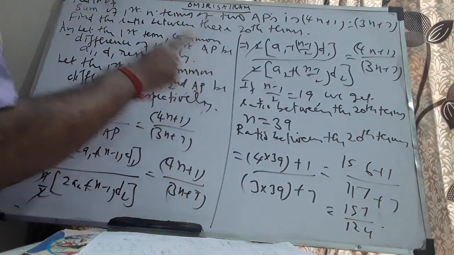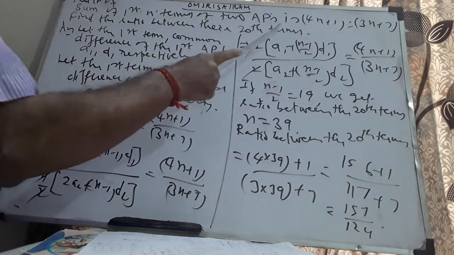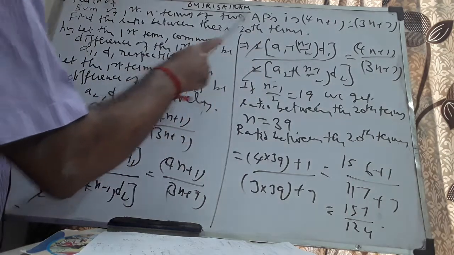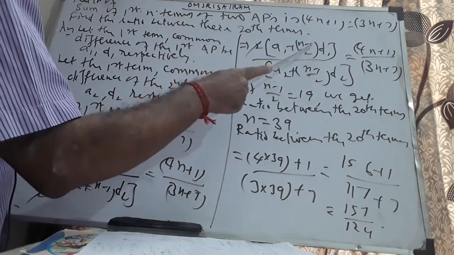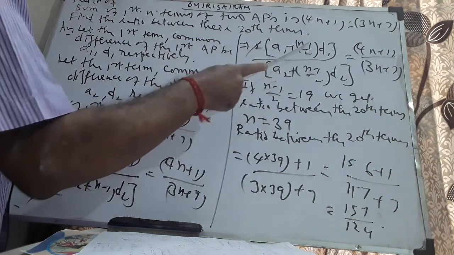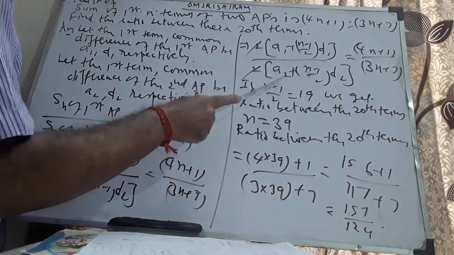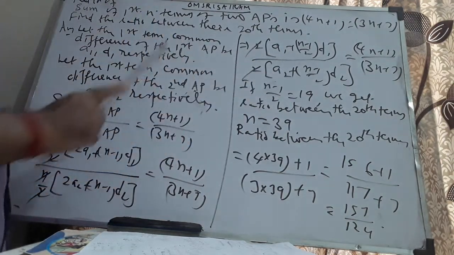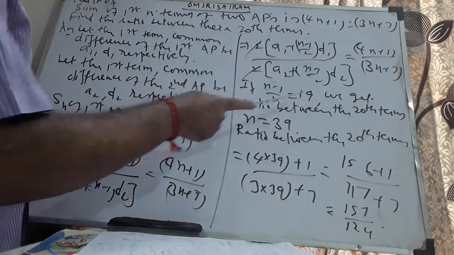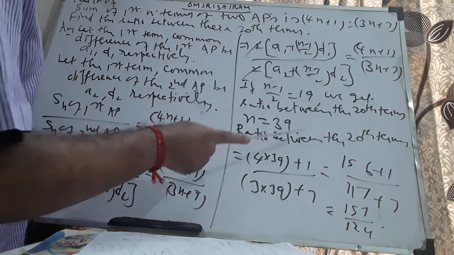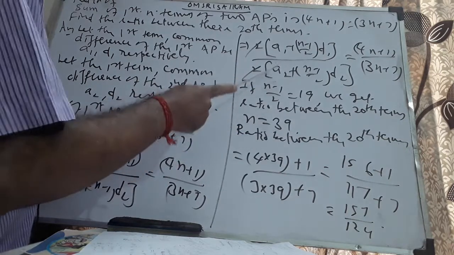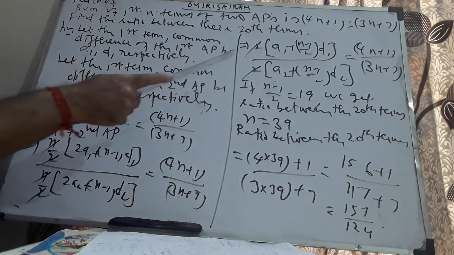After this, it's quite logical. I need the ratio between the 20th terms. Now, if n minus 1 by 2 is 19, I end up with a1 plus 19 d1 by a2 plus 19 d2. That will give you the ratio between the 20th terms. Now 19 into 2 is 38, 38 plus 1 is 39. So for n equal to 39, I'll be able to get the ratio between the 20th terms.